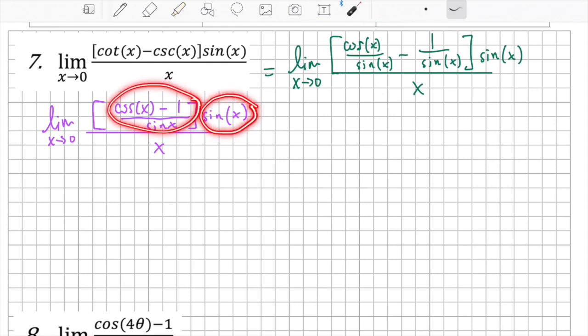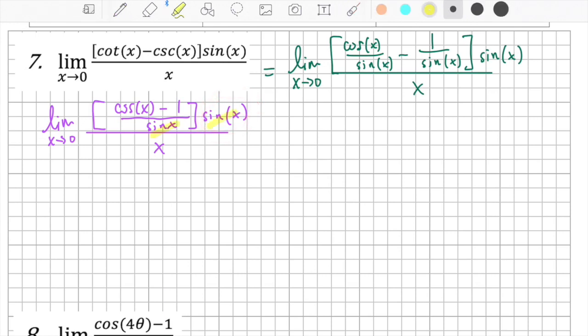Since this fraction here is multiplying with this trig function outside, I notice that I'm able to cancel the sines. If we cancel the sines, then we have limit as x approaches 0 of cosine of x minus 1 over x.